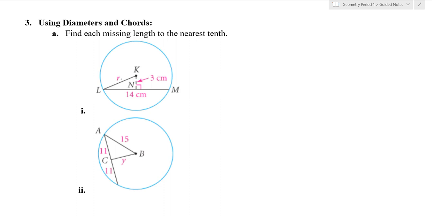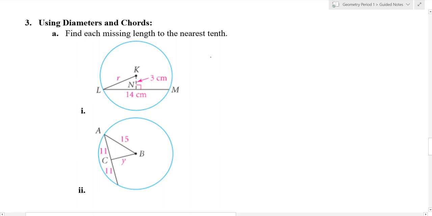So the little triangle formed over here is a right triangle. We have the base, we have one side. That means that R is my hypotenuse. So we can actually use the Pythagorean theorem to calculate this.